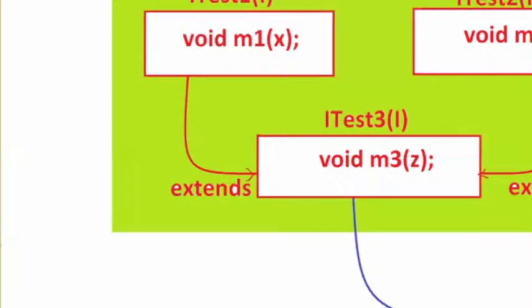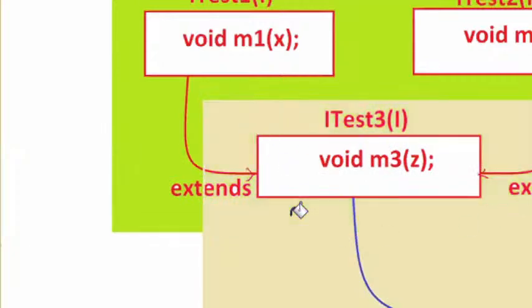Now, from here to here, single inheritance. This is single. Yes or no? So the first one is multiple, second one is single.